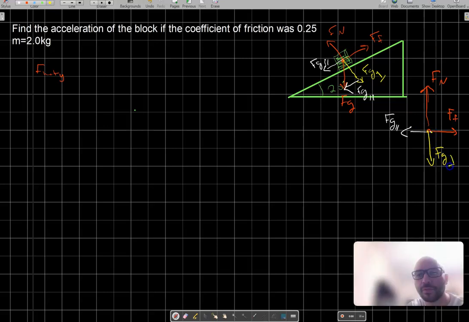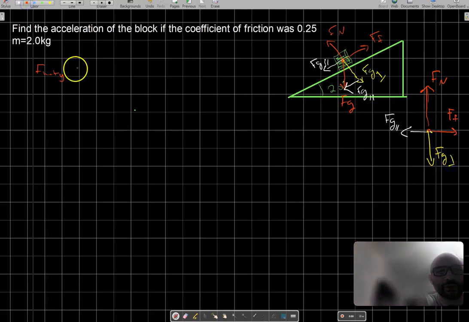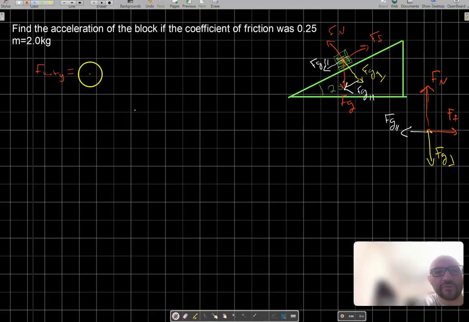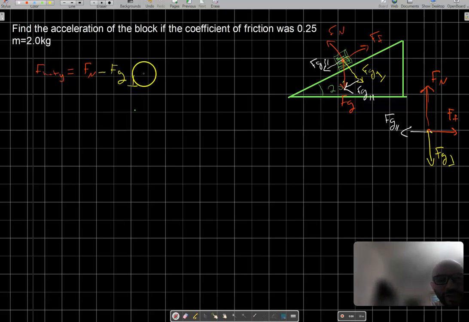So F net in the y direction is going to equal F normal, the normal force, minus Fg perpendicular, and that equals 0.